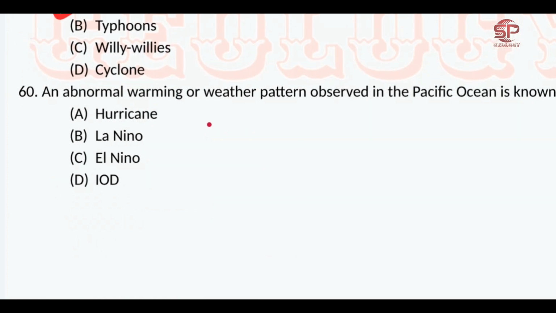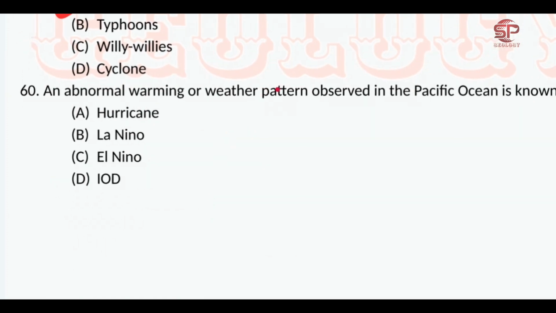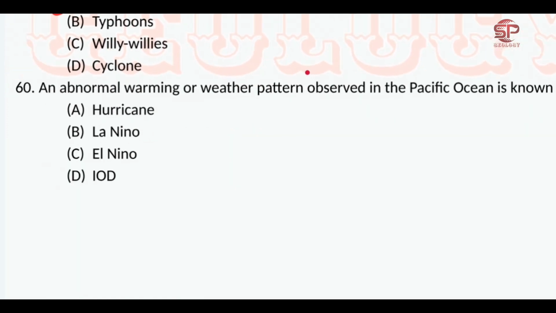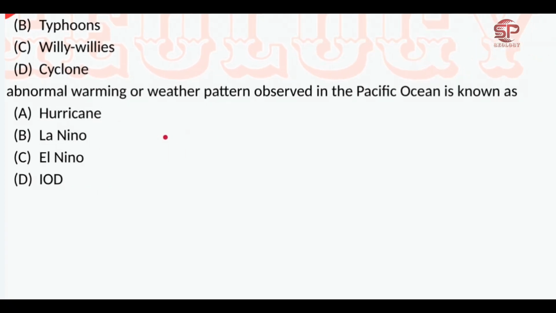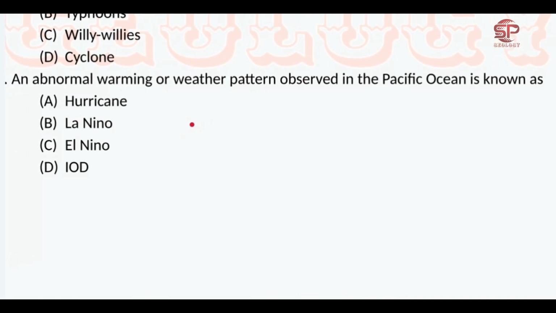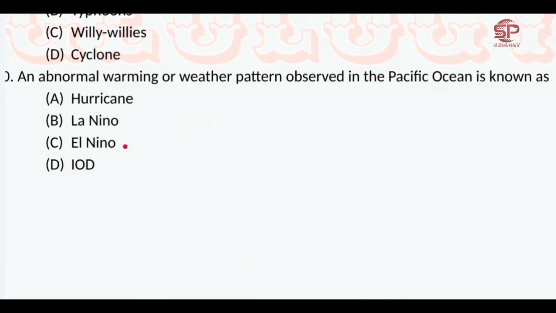The abnormal warming or weather pattern observed in the Pacific Ocean is called El Nino. Because of El Nino there is more heat, and because of La Nina there is more cold.